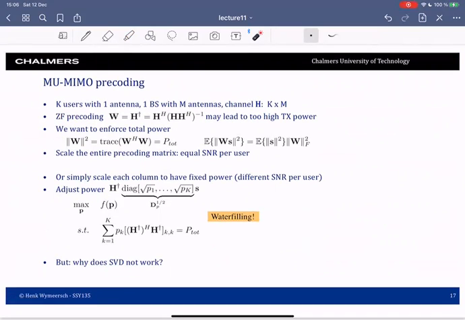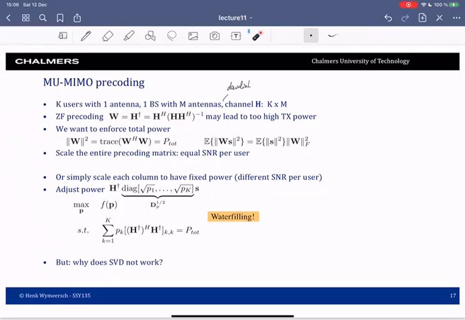So the scenario is as before, K users with one antenna, one base station with M antennas, and then the channel will be a K by M channel. So this is the downlink channel. We've seen zero forcing precoding where we set W equal to this, so the H Hermitian times the inverse of H H Hermitian, but this may lead to too much transmit power.